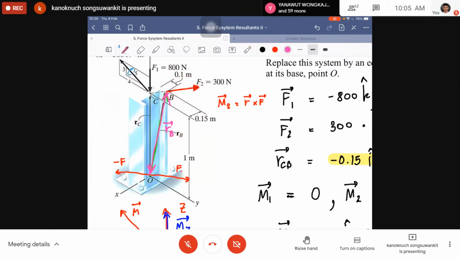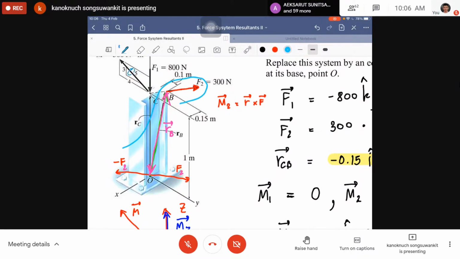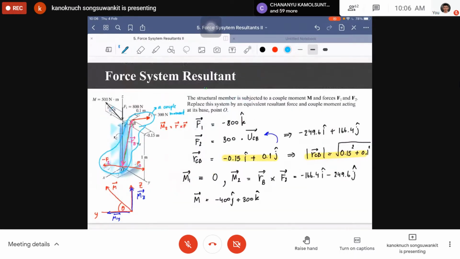Okay. So rB is like negative 0.15 i plus 0.1 j. Which one again? rB. Yeah. Directed from point O to this coordinate. Yeah. I see.